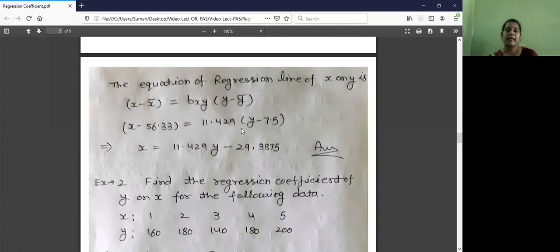So on the right side this value is converted into the positive form. So plus 56.33 and so we get the final regression line is x is equal to 11.429y minus 29.3875. So this is the regression line of x on y.